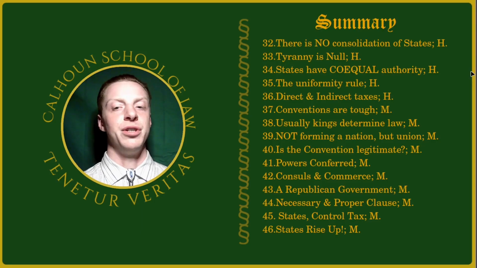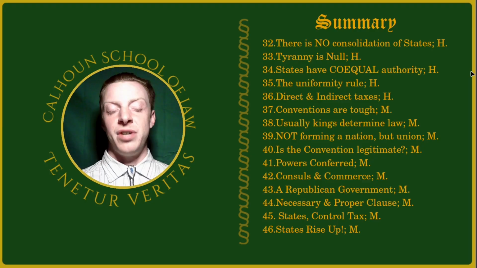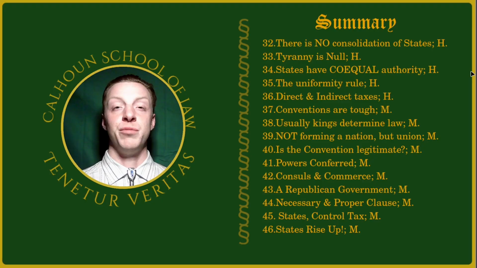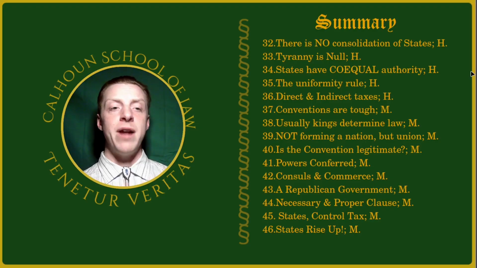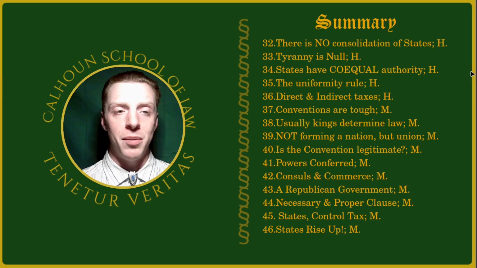Number 40, is the convention legitimate? This is where Madison makes the concession. Look, I know the second to last paragraph in the Articles of the Confederation requires unanimous consent, unanimous agreement between all of the states to make any sort of amendments to it, let alone completely replace it.